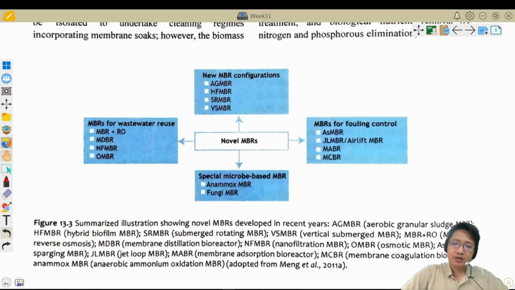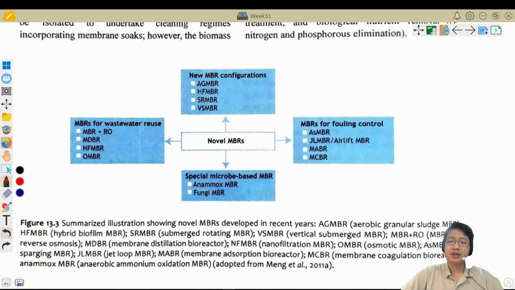They are going to have new membrane configurations, including making the suspended solids become granular sludge, or we can hybridize with the biofilm MBR.